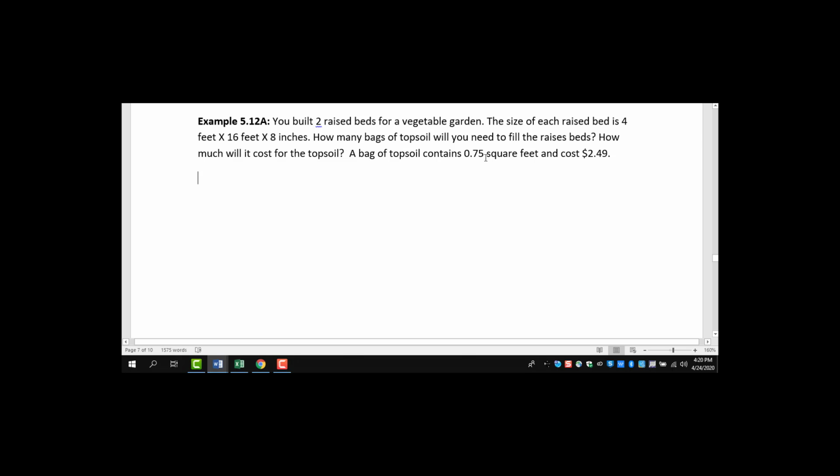I need to change this. Actually, a bag of topsoil covers 0.75 cubic feet.